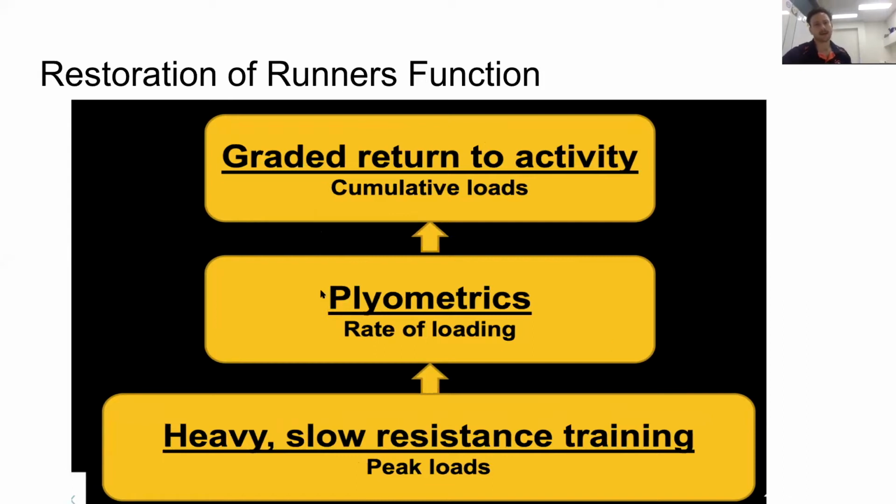Then we want to make our athlete nice and springy, able to accept and then transfer load as efficiently as possible, and then a graded return to whatever their activity demands, however long they need to run.